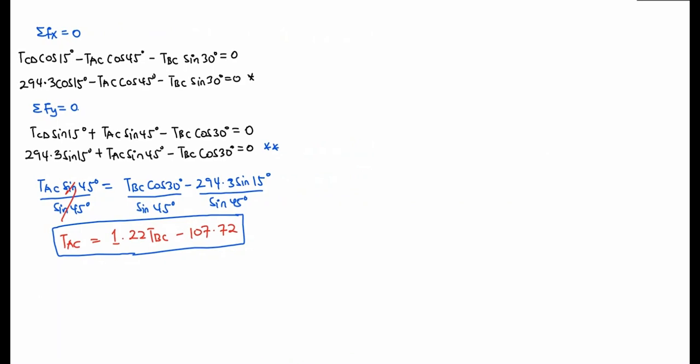So let's look at that. Okay, so for the first equation, we have 294.3 cosine of 15 degrees, right? Minus TAC, but we now know the value of TAC, so let's do the substitution. That will be 1.22 TBC minus 107.72, okay, bracket close, right?